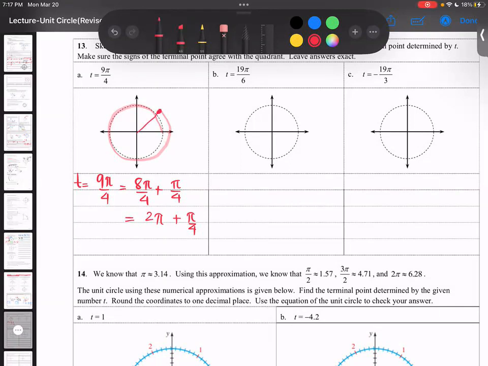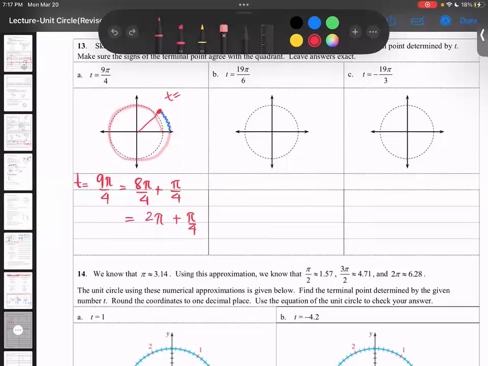So what is the distance? What is t prime? That distance right there, which is pi over 4. Maybe I'll write t equals 2 pi plus pi over 4.